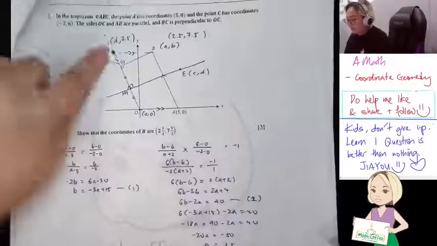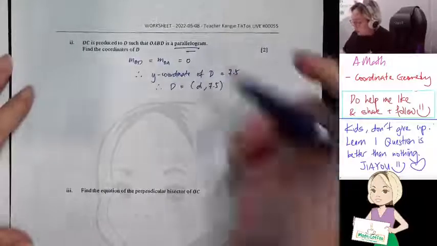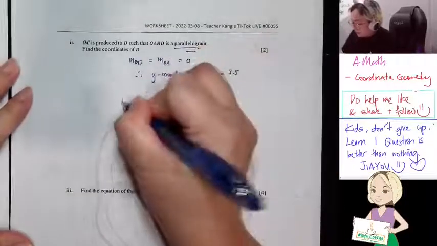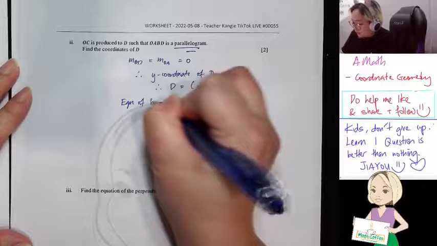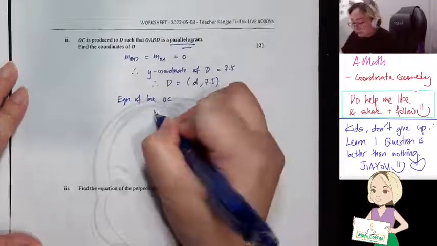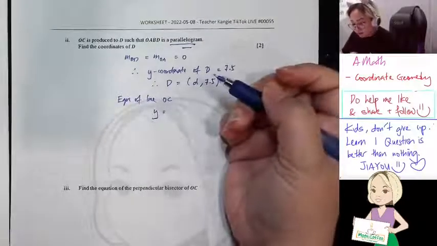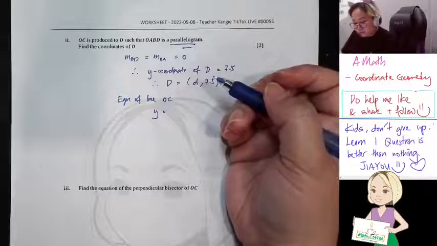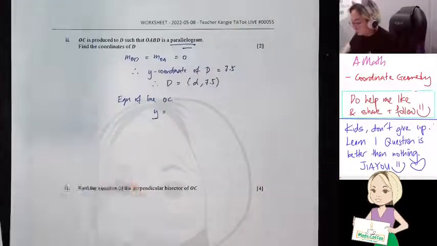Okay, let's move on. So now we go and find the equation of the line OC. Because I already have the gradient, it's actually y equals to... gradient OC is in front here.